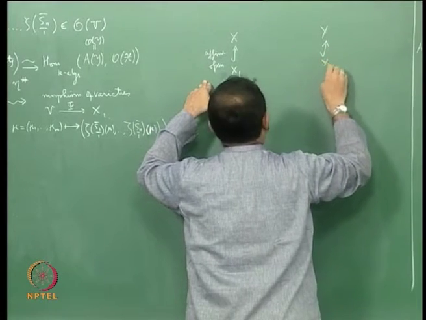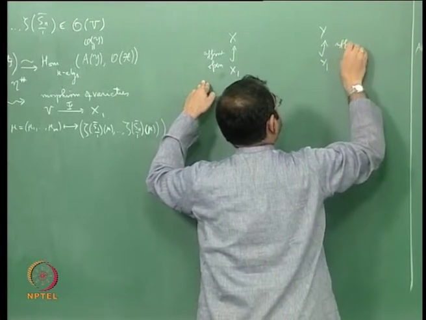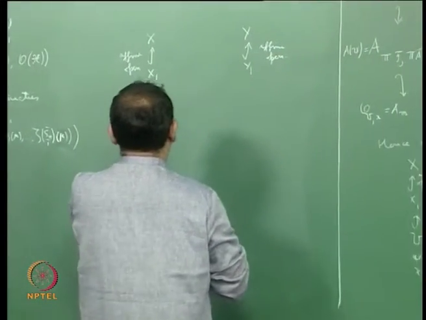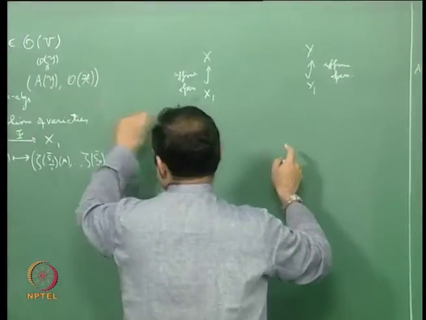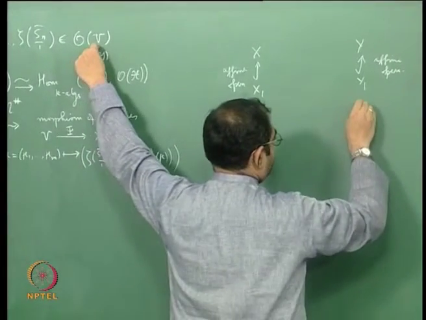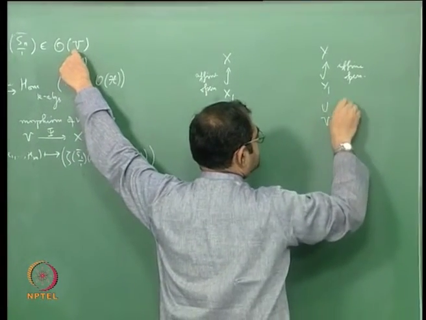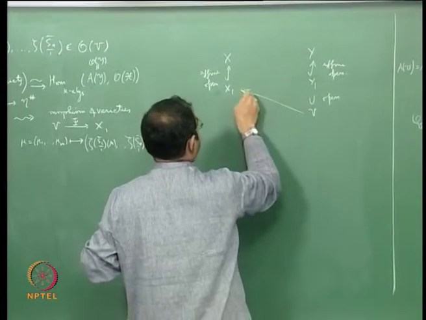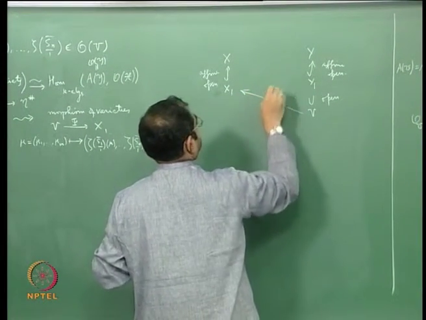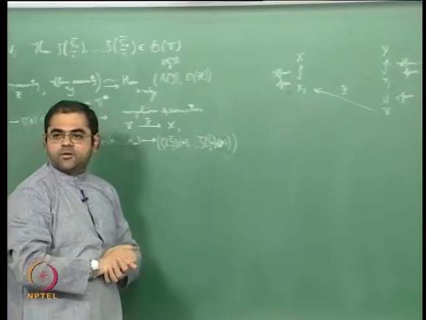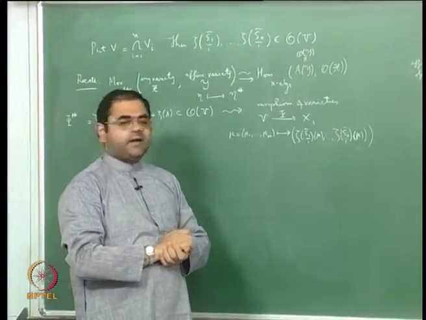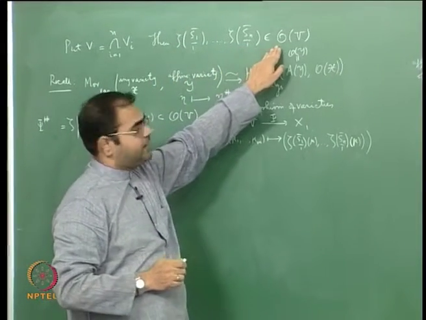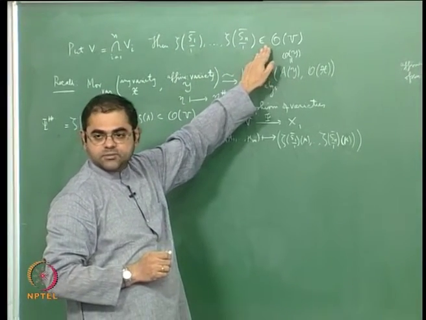And then there is Y1 here which is also affine open in Y, and I have got this V which is an open set in Y1, and I have got a morphism like this, and for that I use the fact that all the zeta si bar are regular functions on this open set.